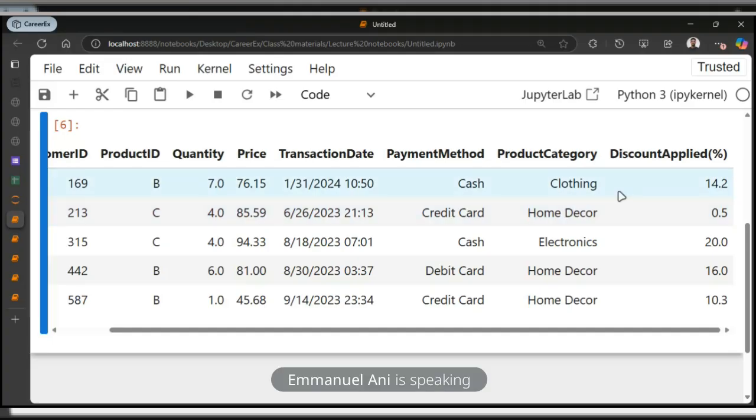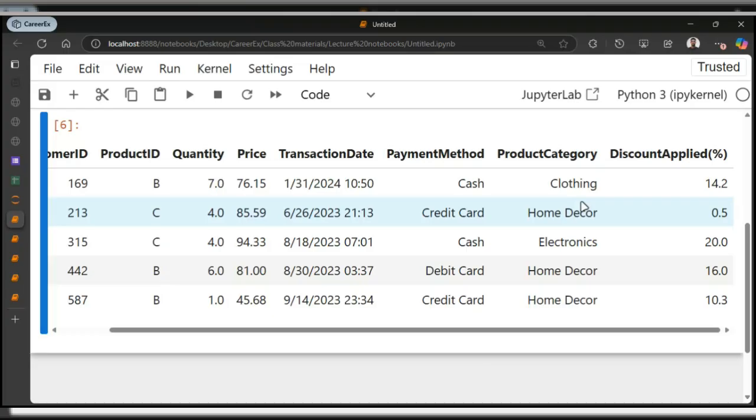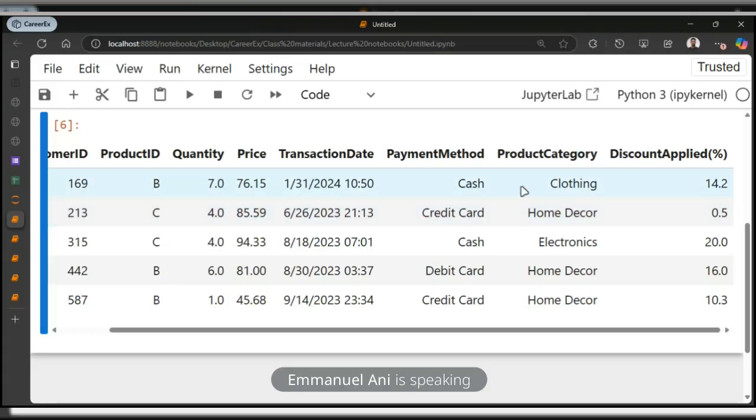Okay, I'm seeing some people saying independent, dependent, targets, and all of that, X. So I'm going to have to explain the whole thing again. Basically, this is called our dependent variable. Do you know why it's called dependent variable? Because it is dependent on other variables for its prediction.